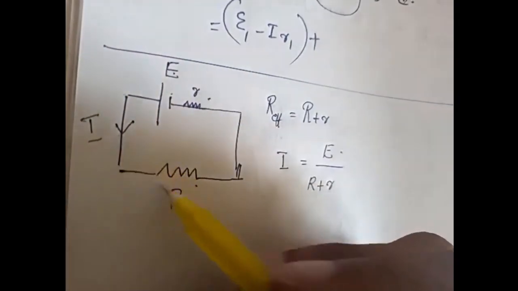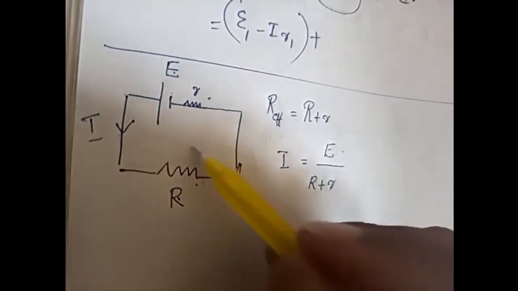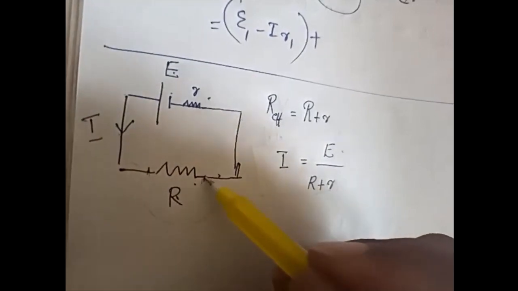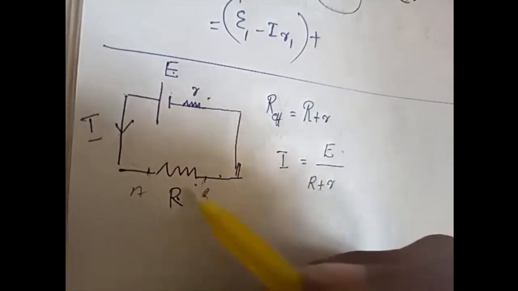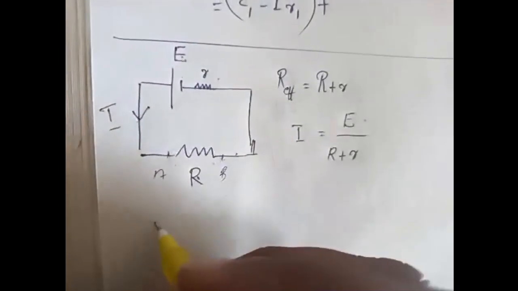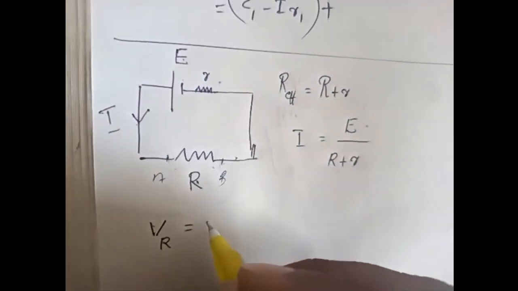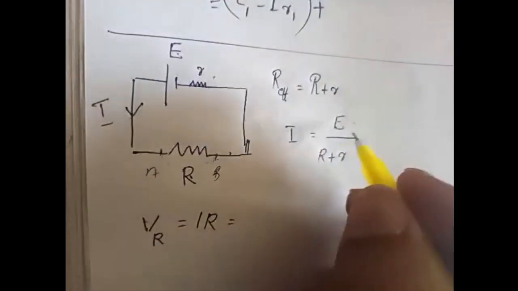If current I is flowing through this resistance R, what will be the potential difference between the ends of this resistance? Say this is point A and this is point B. What will be the potential difference between A and B? By Ohm's law, V of R will be equal to I R. What is the value of I?